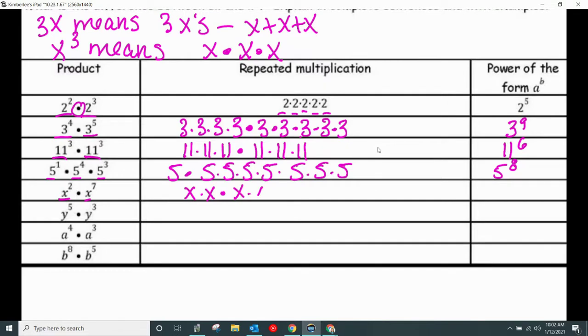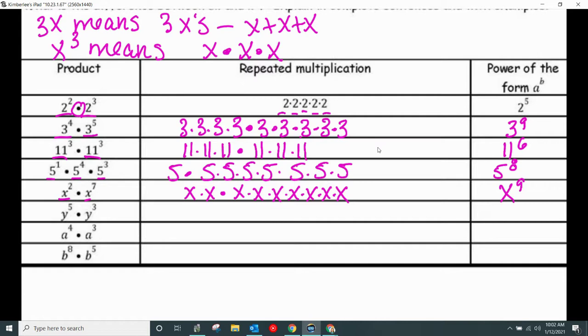I'm counting these, and my computer's probably lagging and not keeping up with me, but there we go. Okay, so how many total x's did I have? Well, that's really x to the what power? 1, 2, 3, 4, 5, 6, 7, 8, 9. That's x to the 9th. So you just took x squared times x to the 7th, and you said that's going to equal x to the 9th.